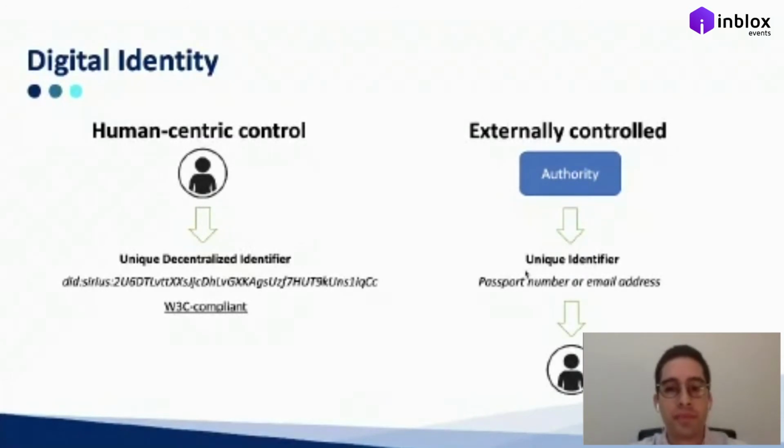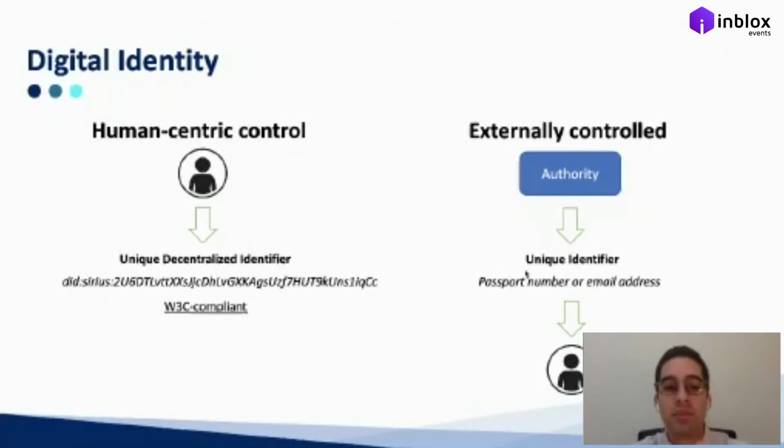In contrast, the vast majority of unique identifiers we currently use are centralized and not under our control. These include communication addresses such as emails and telephone numbers, and IDs such as passport and tax numbers. So the external authority can decide who or what they identify. They may be useful in only a small specific context.